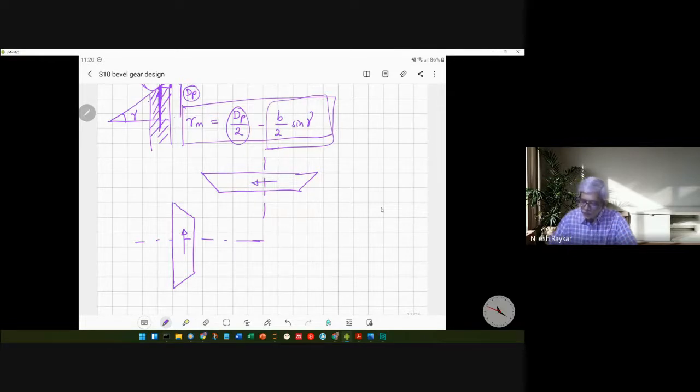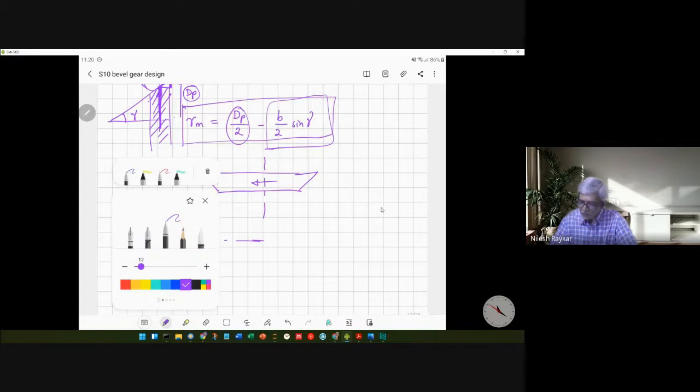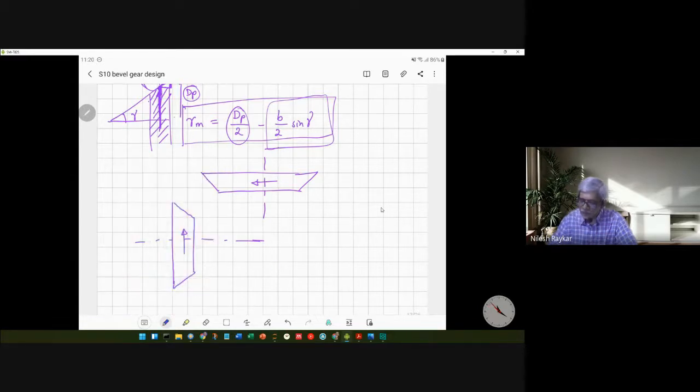Okay, so we are talking about the forces at the midpoint. So let's first decide the tangential force for this particular gear. The logic remains same. The tangential force for the driving gear is opposite to that of motion, and for the driven gear, it is towards the direction of motion. So let me call this the driving gear.